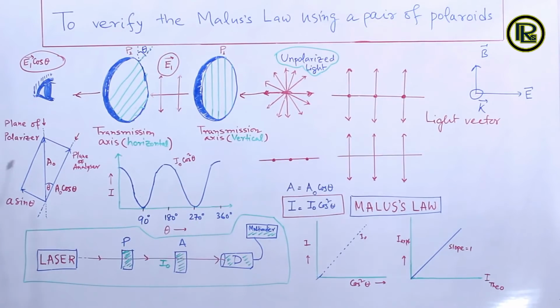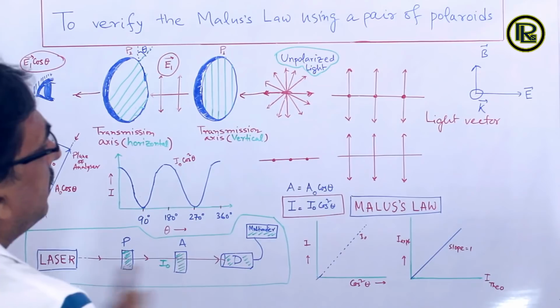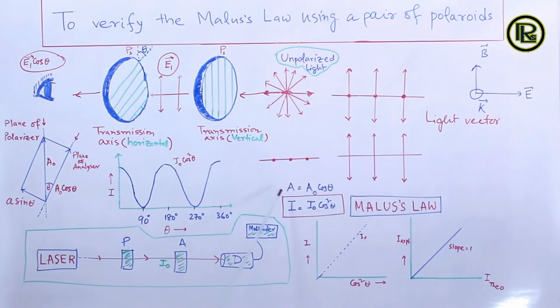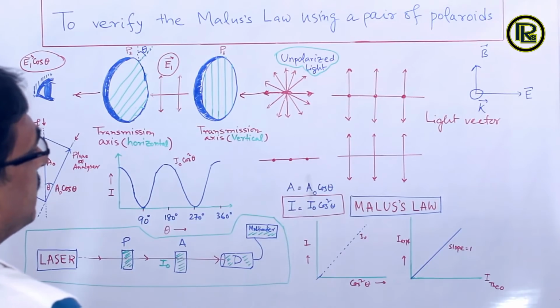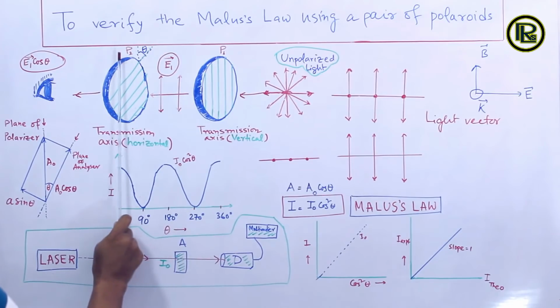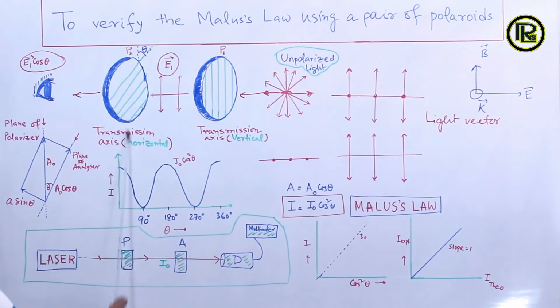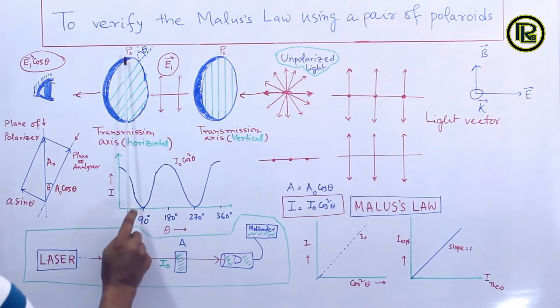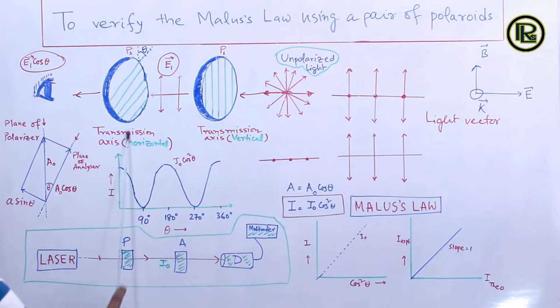In that case, cos theta becomes 1, A becomes A0, and similarly I becomes I0. So whatever amplitude is incident on the analyzer, the same amplitude we get here, or whatever intensity is incident here, we get the same amount of intensity here.